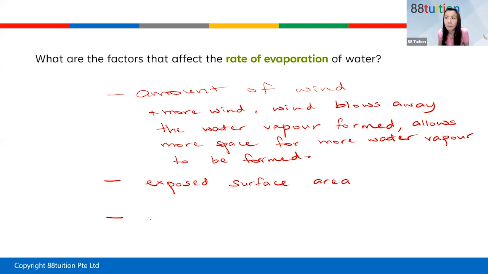Vinuli. Temperature of surroundings. Okay, good. So the higher the temperature of the surroundings, the greater the rate of evaporation. True? Any more? Is there any more factors that you know?